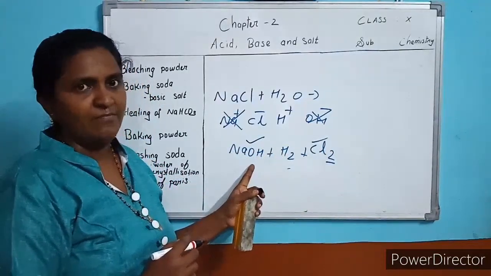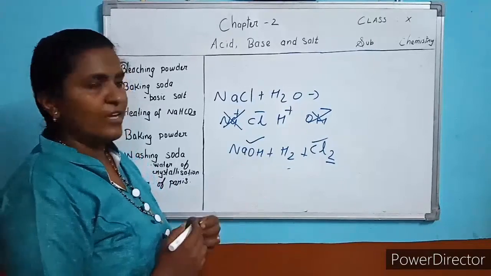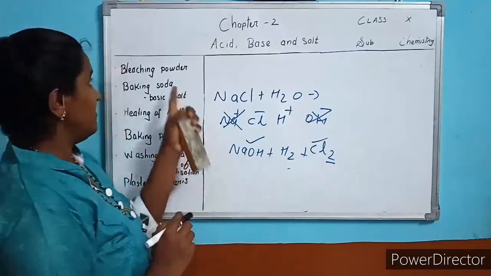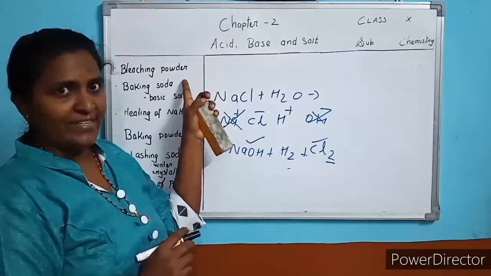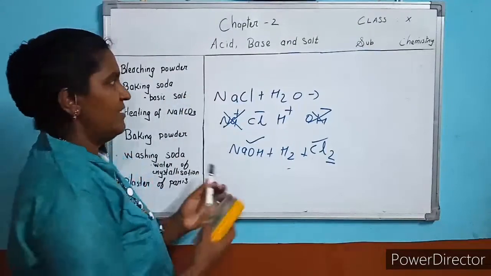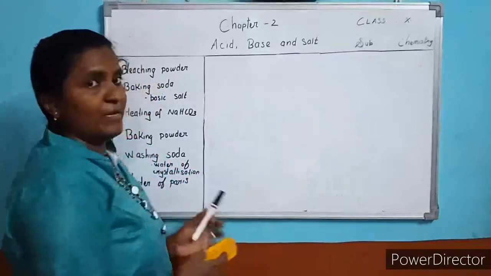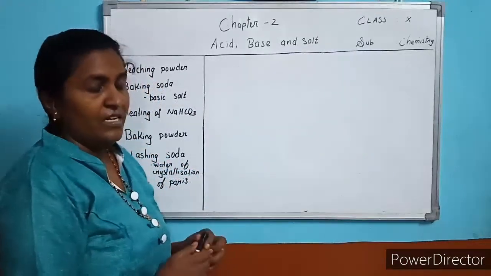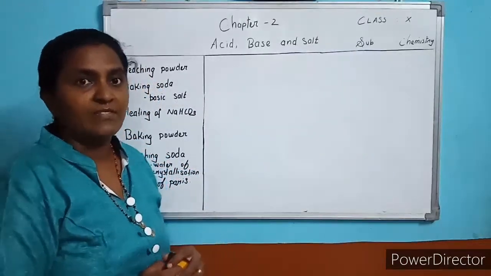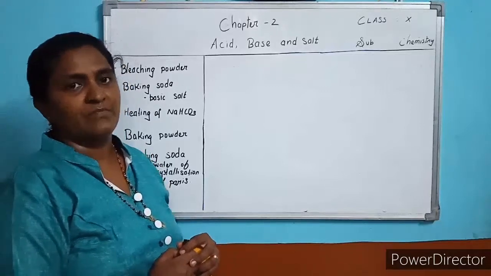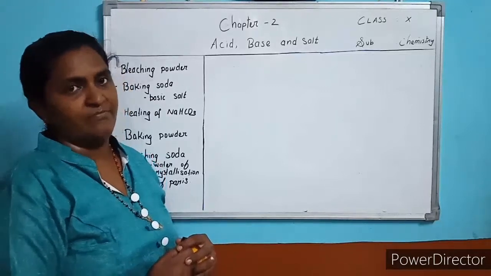Preparation of alkali. Okay, next, today we are going to have a new topic, that is bleaching powder. The first one is bleaching powder. How will you prepare bleaching powder? It is prepared from slaked lime with water.